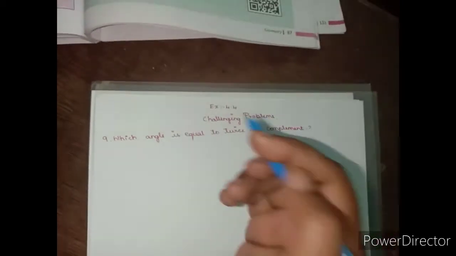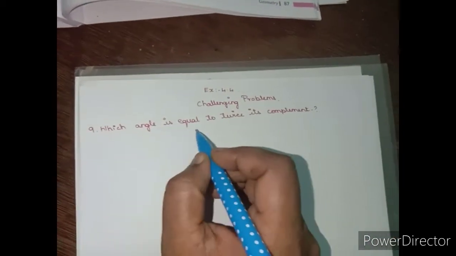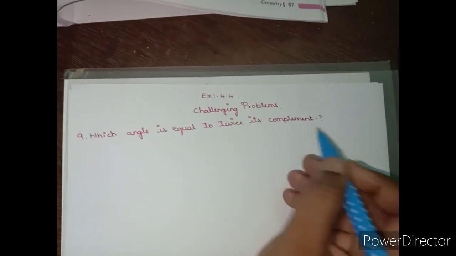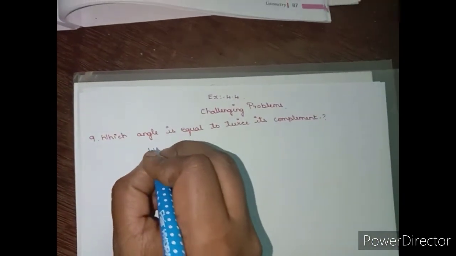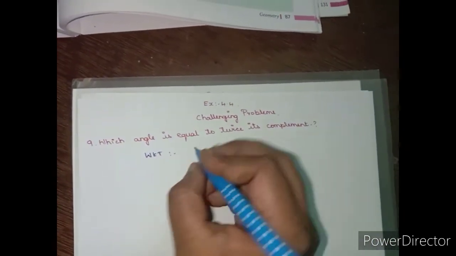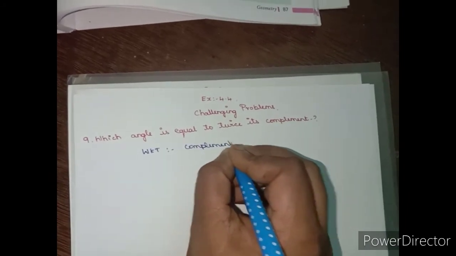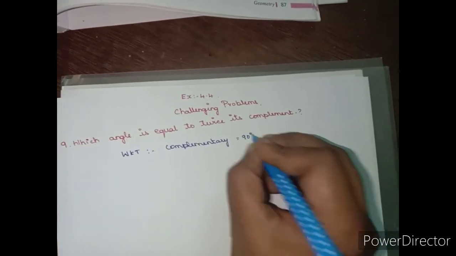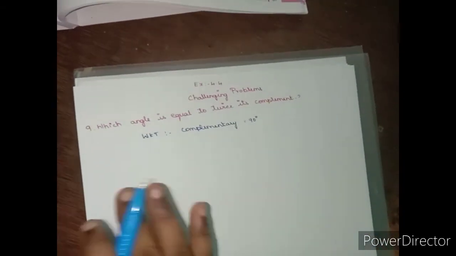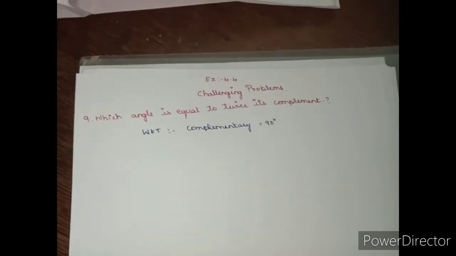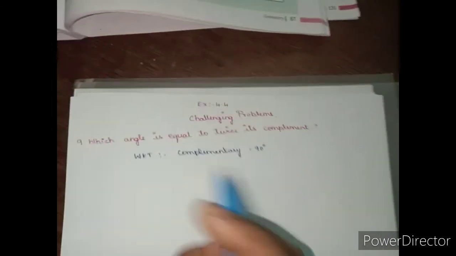See this question. Which angle is equal to twice its complement? So we know that complementary is equal to 90 degrees, right? So the sum of the complementary angles will be 90 degrees.